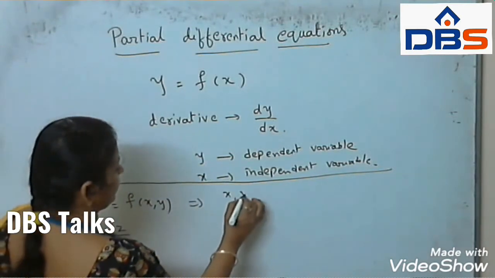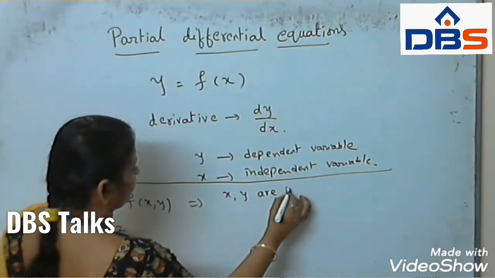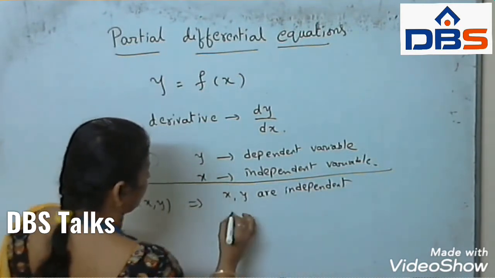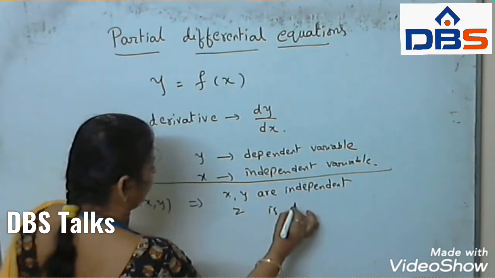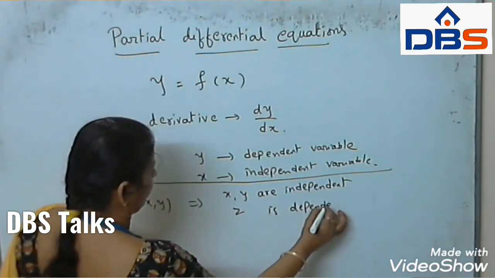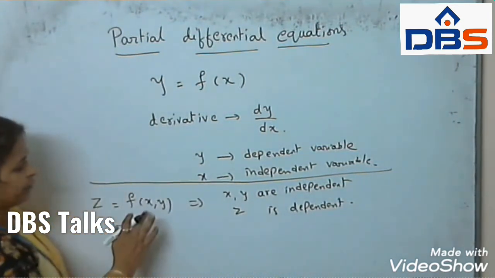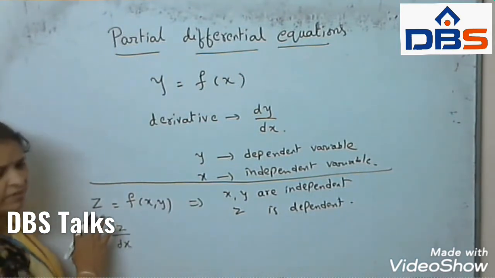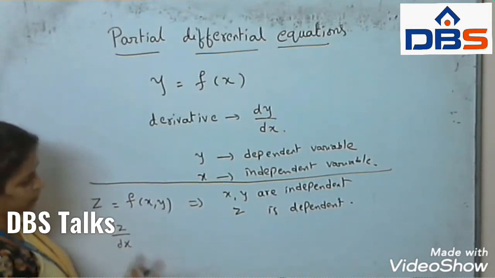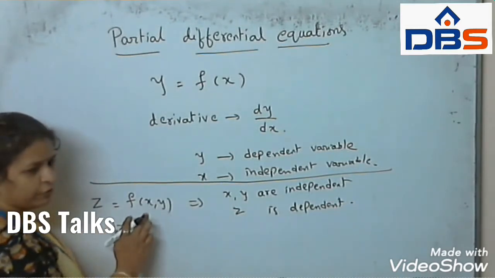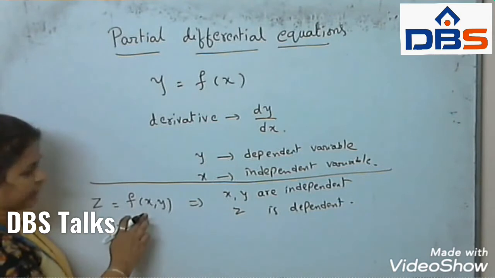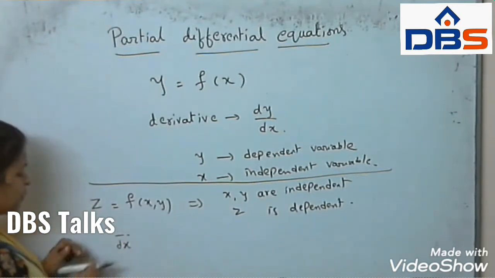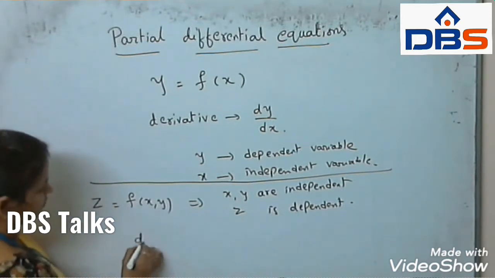That implies x, y are independent variables and z is the dependent variable. Always there would be only one dependent variable. So we have to differentiate z with respect to x and y.